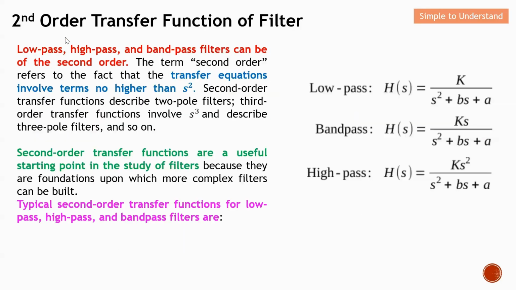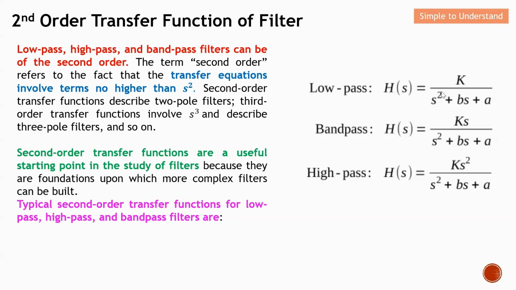Let me explain the second order transfer function of the filter. From this, you can see the transfer functions for a low pass filter, a band pass filter, and also a high pass filter. How do I know that this is the second order?